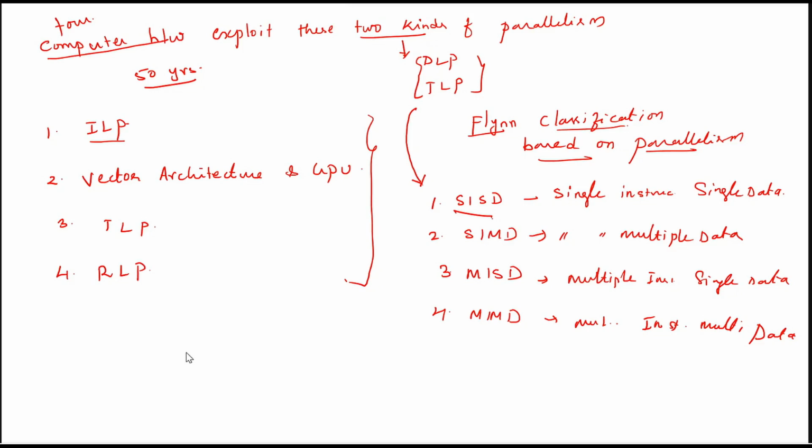When you want to do data level parallelisms, the first two are suitable, SISD and SIMD. Remember, MISD, no class of computers fall into that category, and the last category is MIMD, wherein we can achieve instruction level and task level parallelisms. Okay, so with that I will finish up this session today.